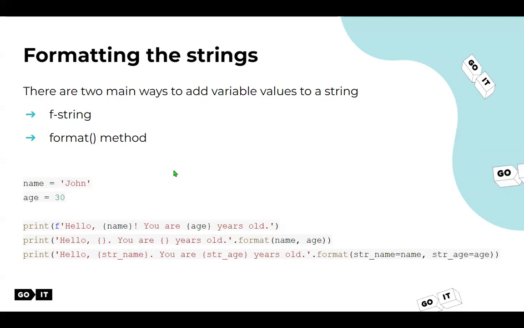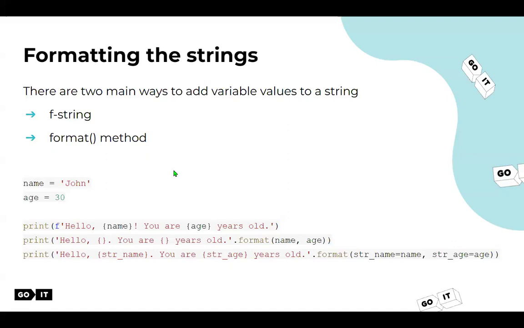Another will be the second line, wherein you're using the curly braces and then adding .format at the end, specifying name and age. When you do it in that order, for the format method, order is very important, right?